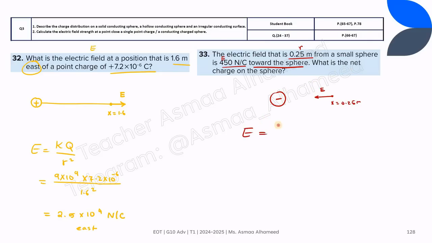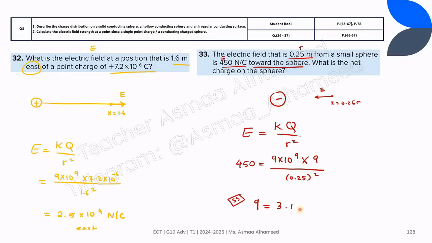So we say E is equal to kQ over r squared. E is 450, k is 9 times 10 to the power 9, Q is unknown, divided by the distance, which is 0.25 squared. Now shift solve, and Q will be 3.1 times 10 to the power minus 9 coulomb, and like we said, it's a negative charge.